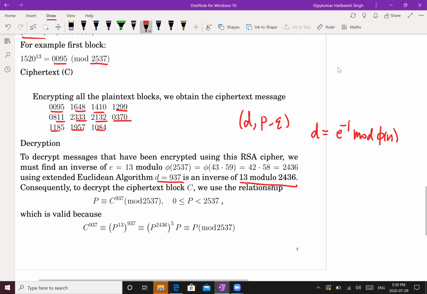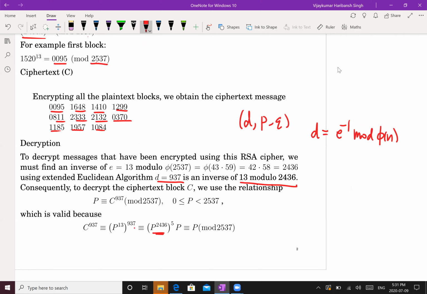Then he computes P, which is C to the power 937, the ciphertext to the power 937, which is the same as P to the power 13 times 937, which is the same as P to the power 2436 times 5 times P.